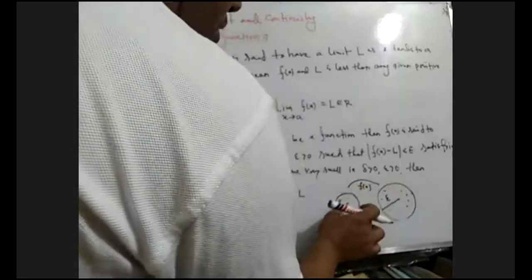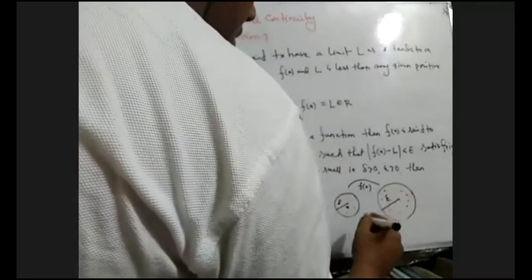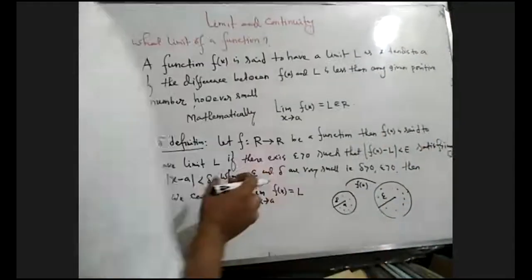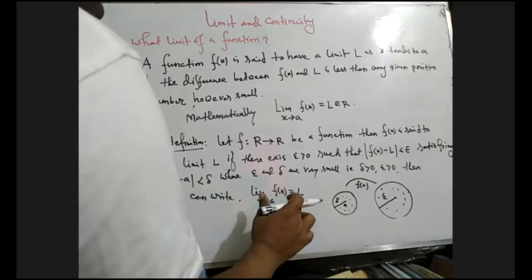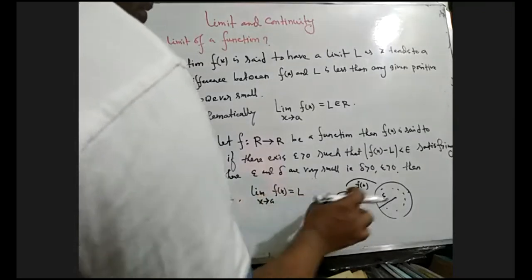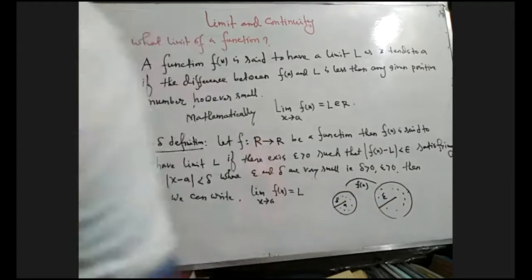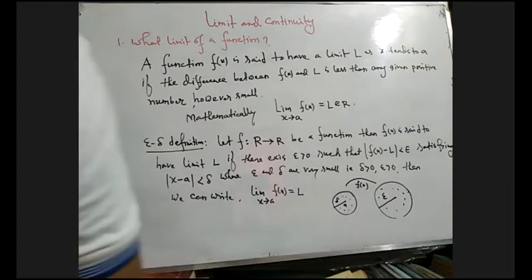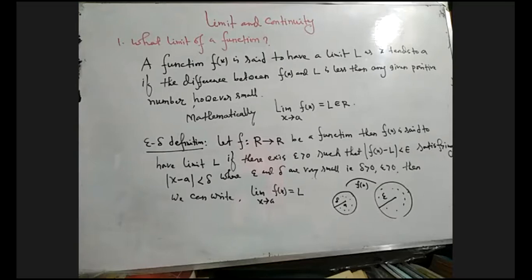This is the input and this is the output. If the functional difference f of x minus L is negligible, however small a positive number, then we can say that the limit of f of x is L. So this is the epsilon delta definition of limit. You can use any definition.